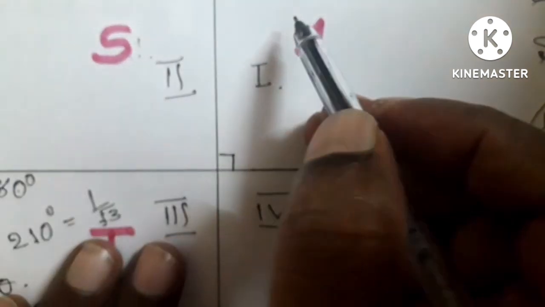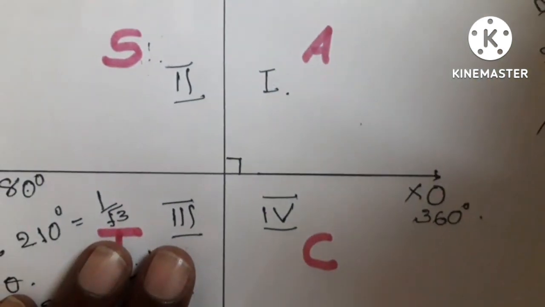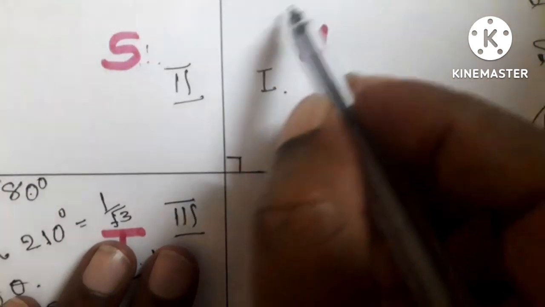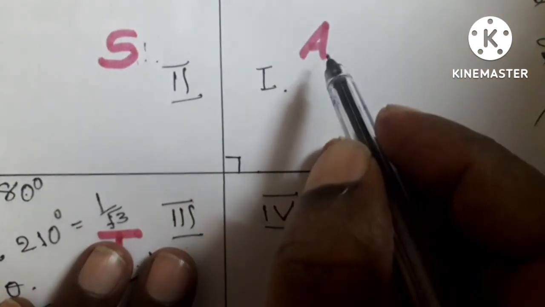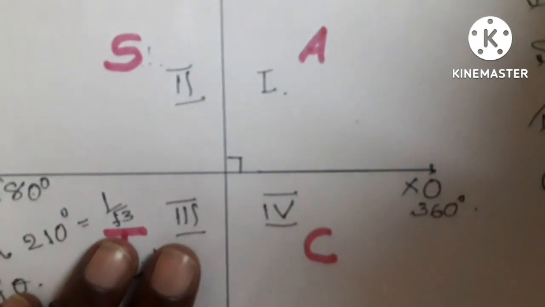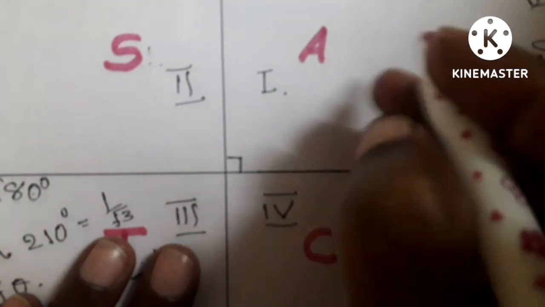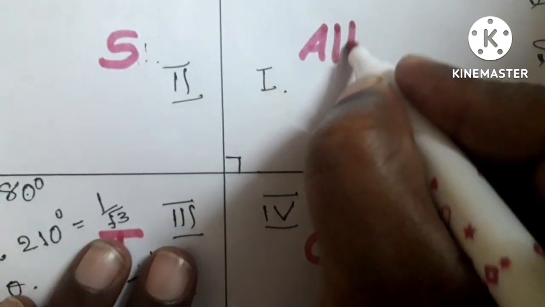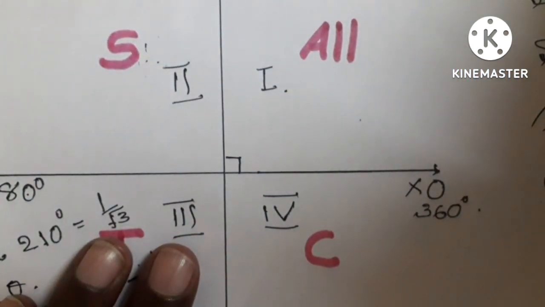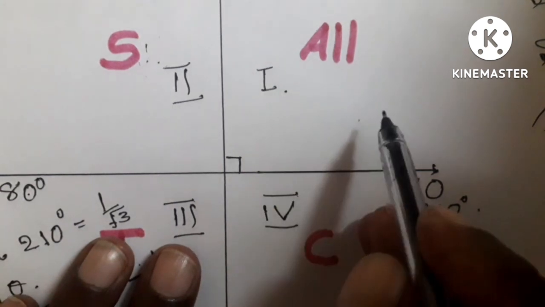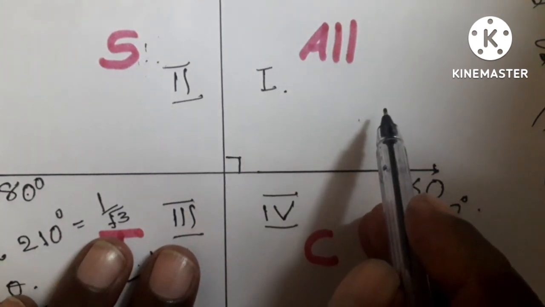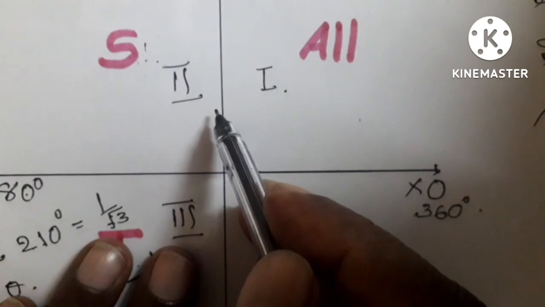So all the values in the first quadrant are positive, whether it is sine theta, cosec theta, cos theta, sec theta, cot theta, or tan theta. Now comes the second quadrant.